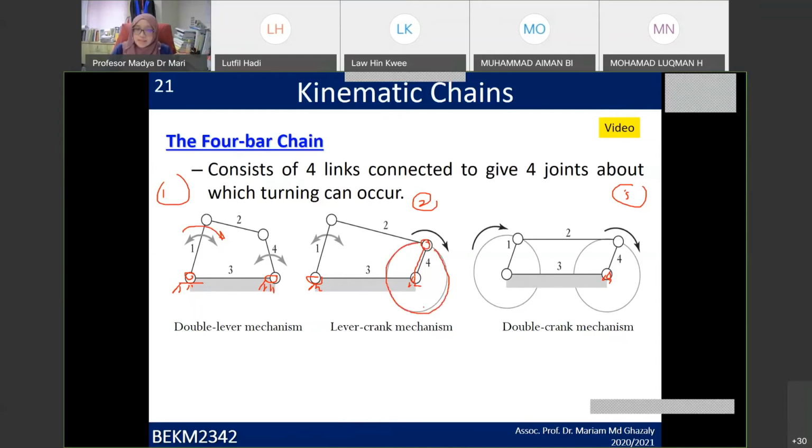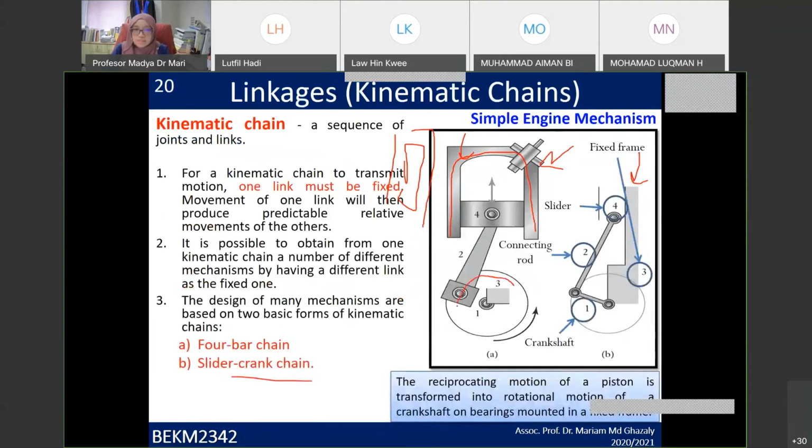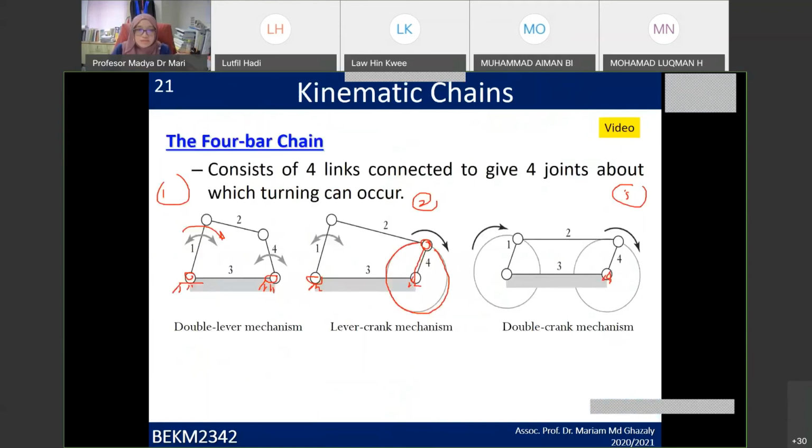Just imagine that just now we have this crankshaft. So it's similar. This point is joined together. So what happens is that when this crankshaft rotates along this form, it gives a motion to this point, so you go left and right, left and right.